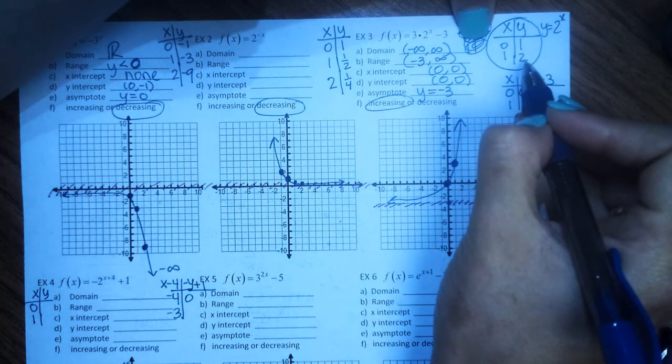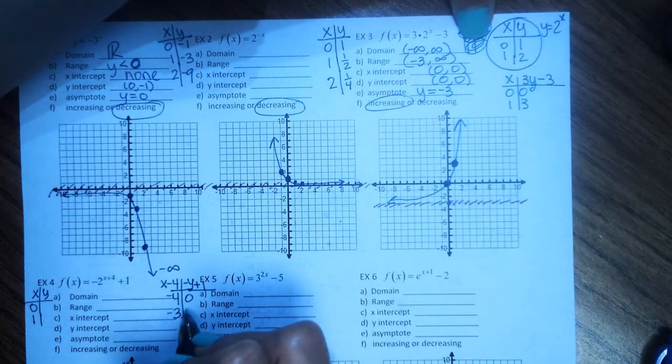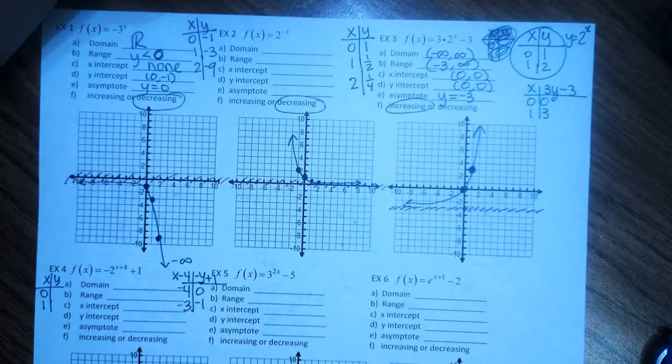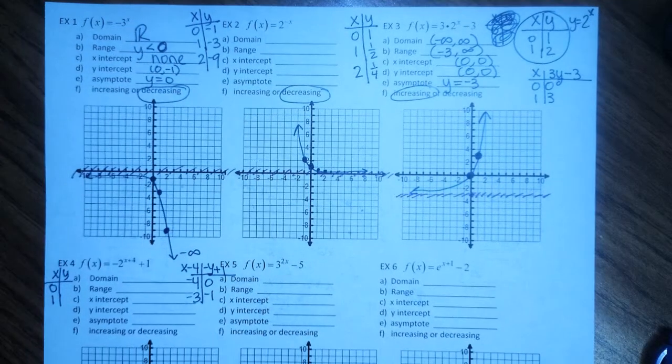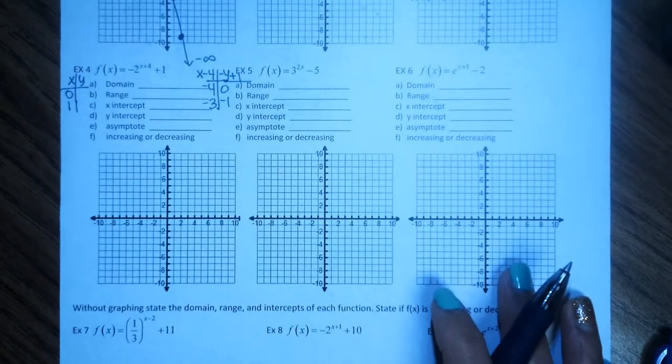Okay, the next one is 2. So negative times 2 plus 1, negative 1. Okay, that looks right. So these are the points that I'm going to graph, and graph the asymptote.